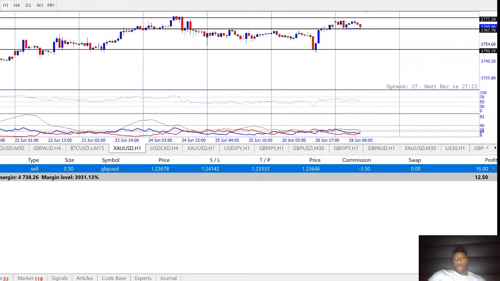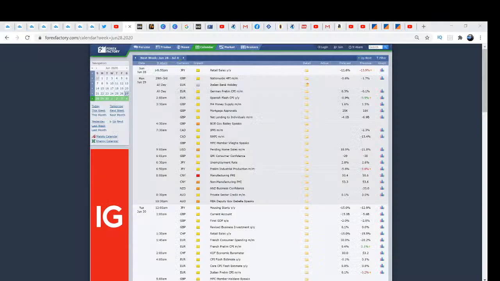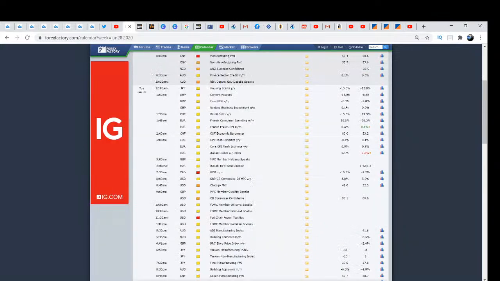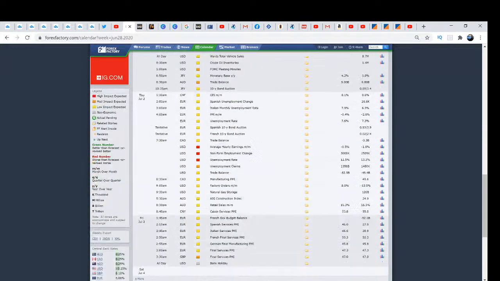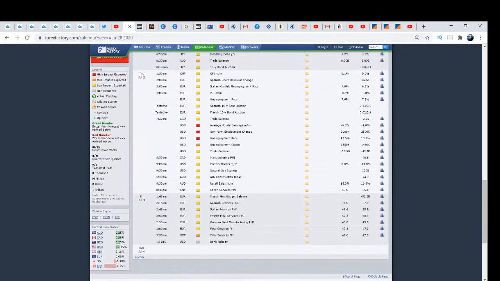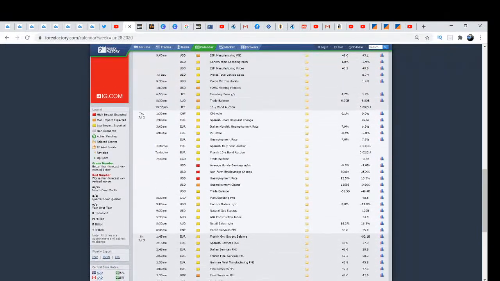And if you look at the calendar, you can see what's going on for today. Right now, there's no crazy news event. But this Thursday is NFP, non-farm payroll news, non-farm employment change.